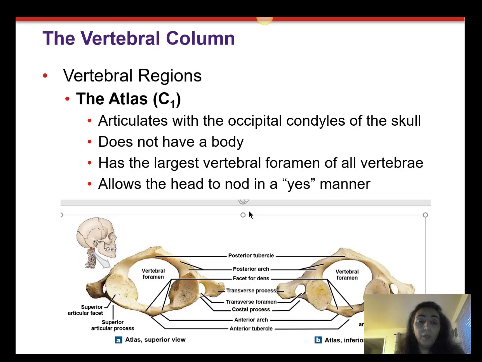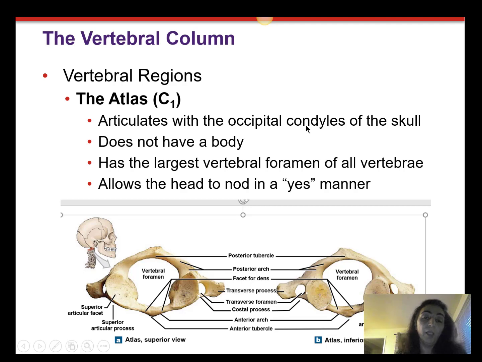Now let's go over them one by one, the things that are specific. First, Atlas, or C1, that is located at the very end, Atlas, right? If you go from this way. So C1 or Atlas articulates or makes a joint with the occipital condyles of the skull.